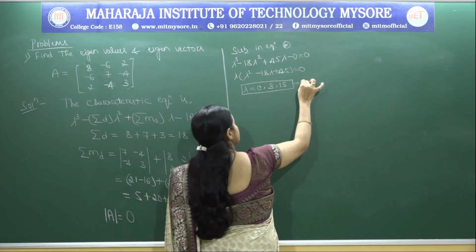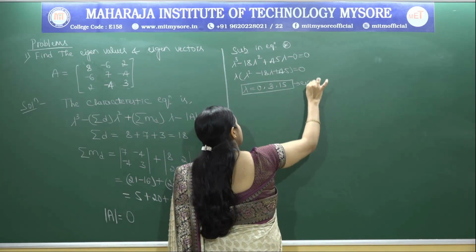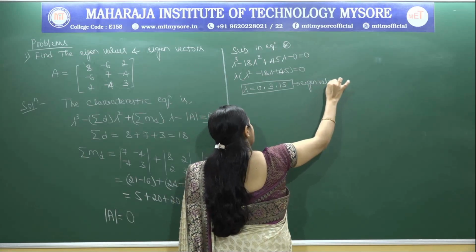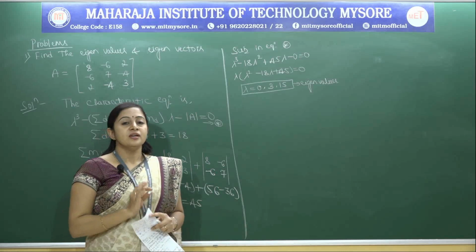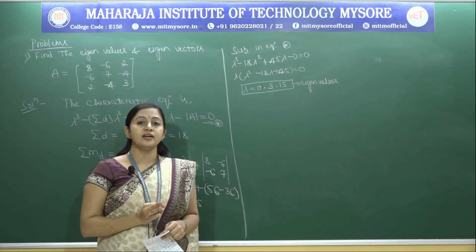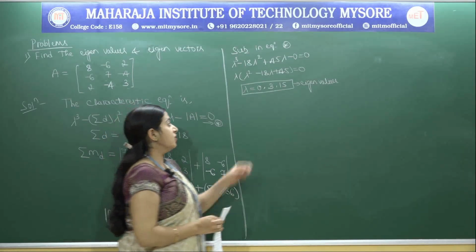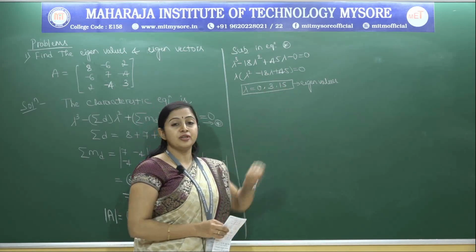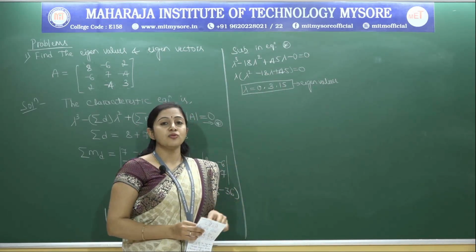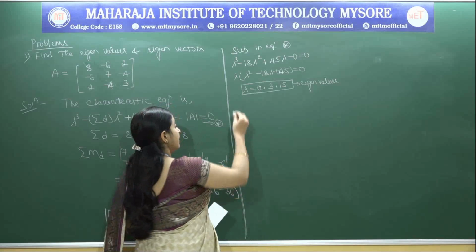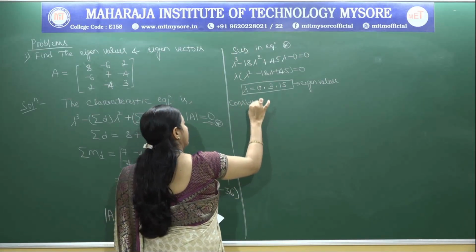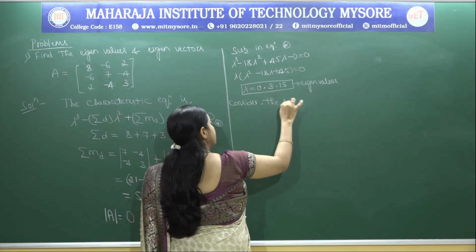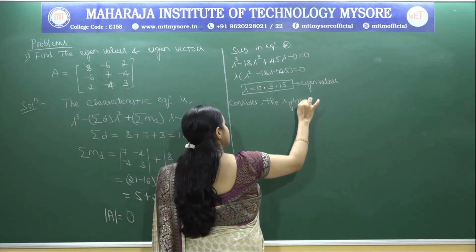So these are the eigenvalues of the given square matrix of order 3 cross 3. Next, you have to find the eigenvectors to the corresponding eigenvalues 0, 3 and 15 by considering the system of linear equations.